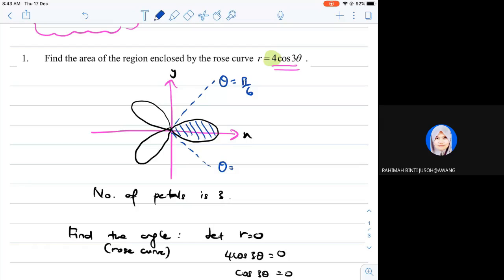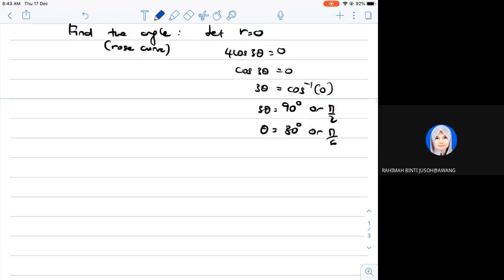Since this graph is symmetric about the x-axis, the lower angle should be the same value with a negative sign, negative pi over 6. Now that we know the angle, we can form the formula of area, with 1 over 2 in front of r squared d theta.